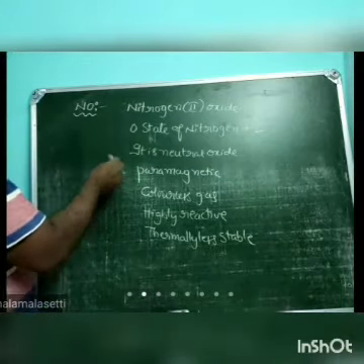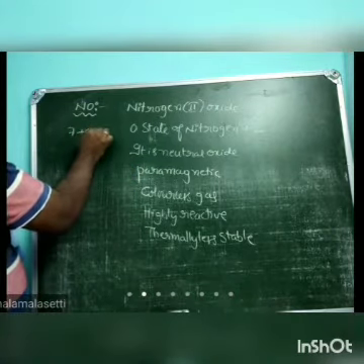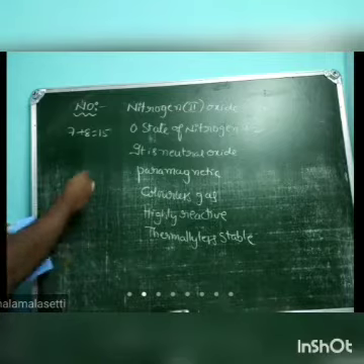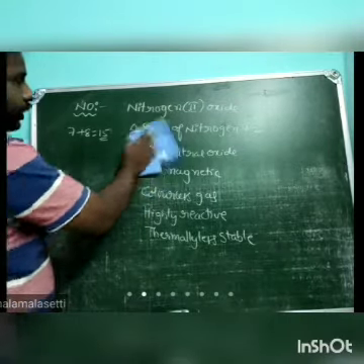It is paramagnetic due to the presence of an odd number of electrons. 7 plus 8, it contains 15. So because of the odd number of electrons, it is paramagnetic.